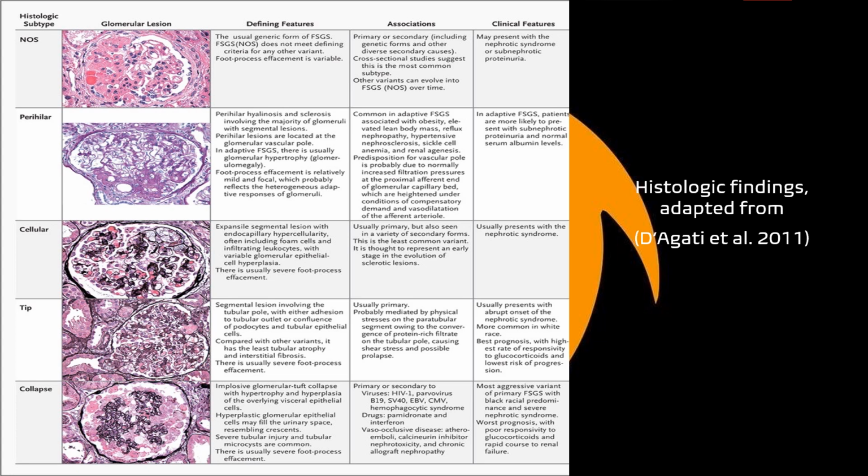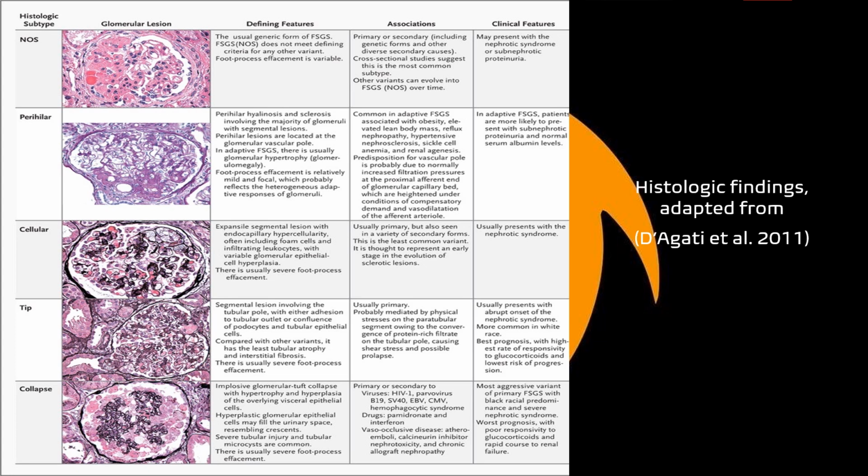In relation to the histological findings, in this slide or view, there are histological snapshots, if you like, of the glomerular lesion.